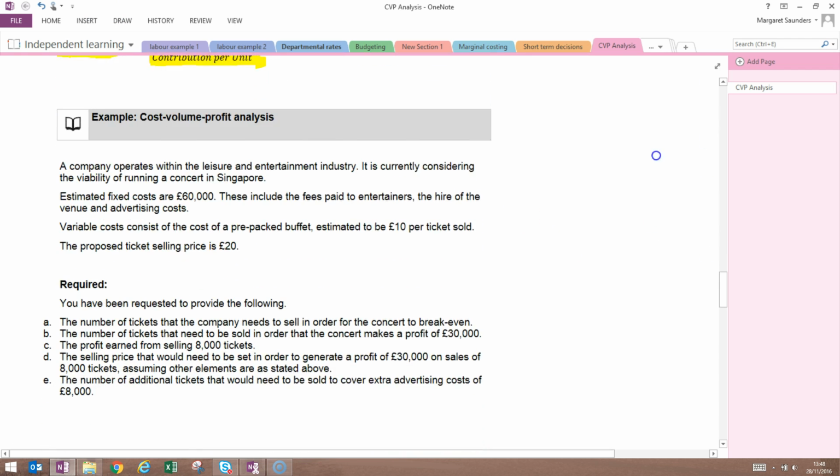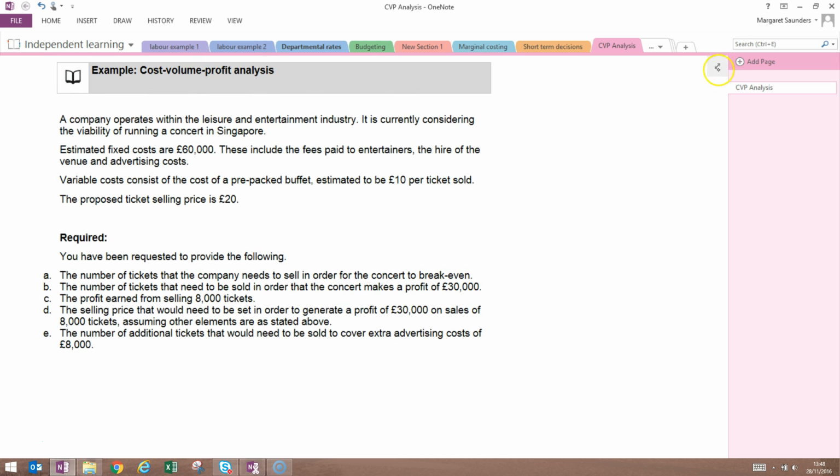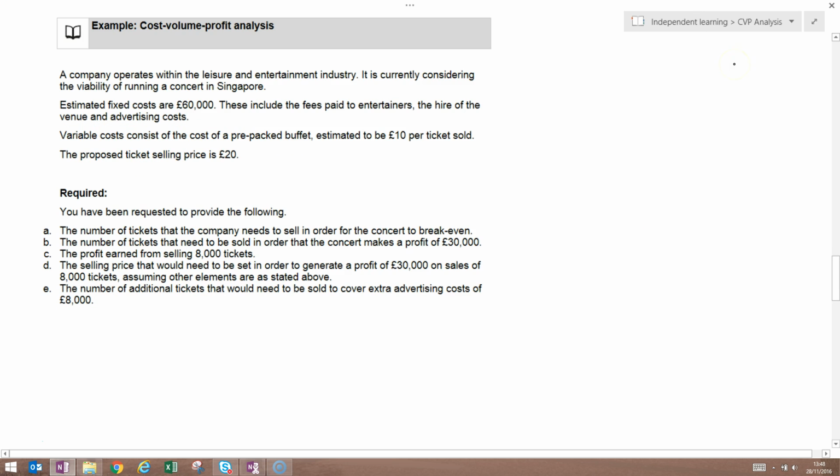So here's our example. A company operates within the leisure and entertainment industry. It is currently considering the viability of running a concert in Singapore. Estimated fixed costs are £60,000. They include the fees paid to entertainers, the hire of the venue and advertising cost.